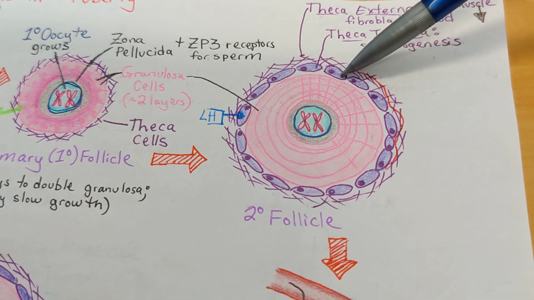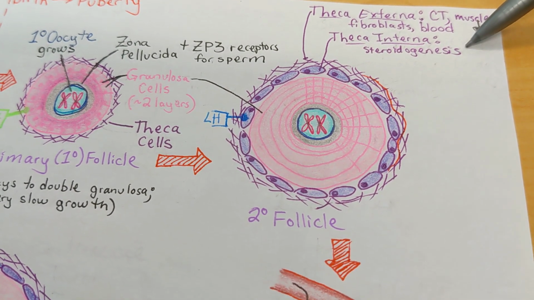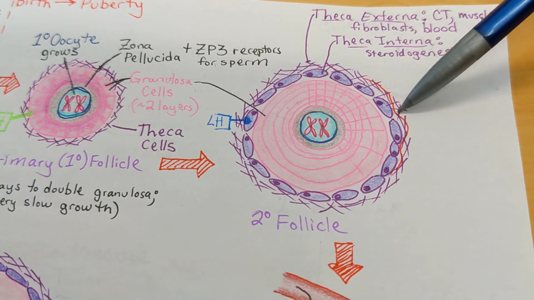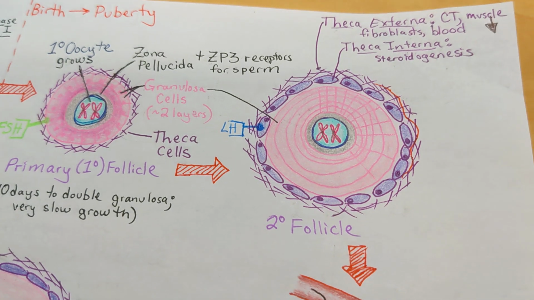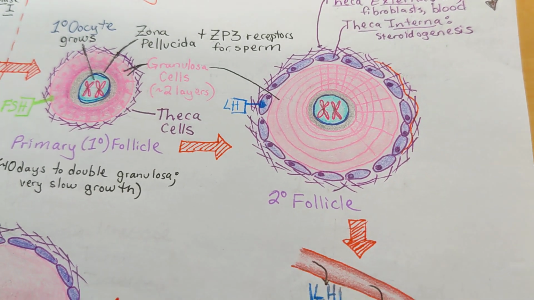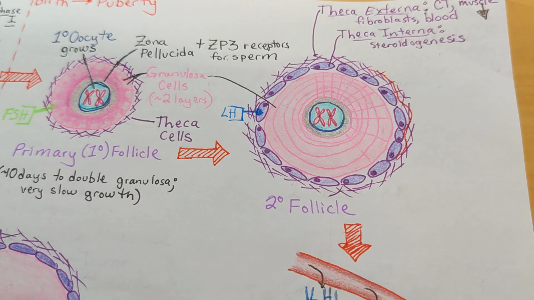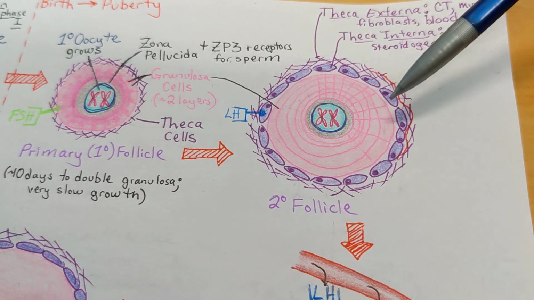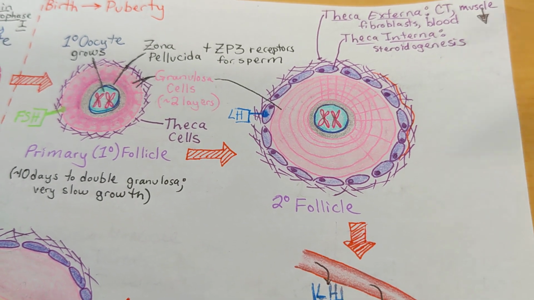The theca interna, these purple cells here, is responsible for steroidogenesis. Now look how close the blood vessel is to the theca interna cells. That should imply to us that these theca interna cells are taking cholesterol and hormones from the blood and ultimately making steroids.